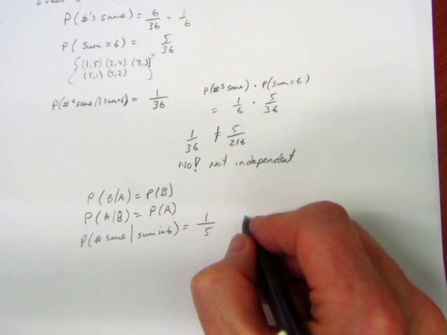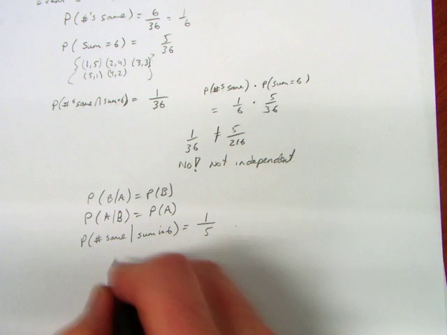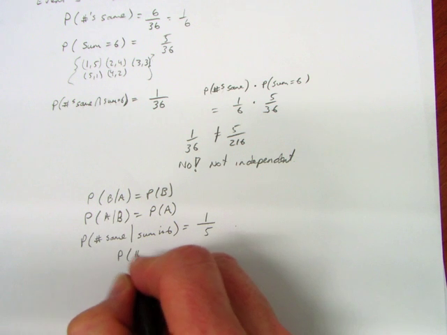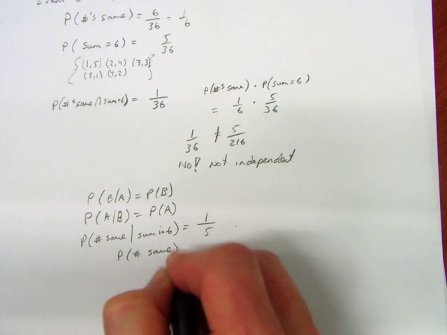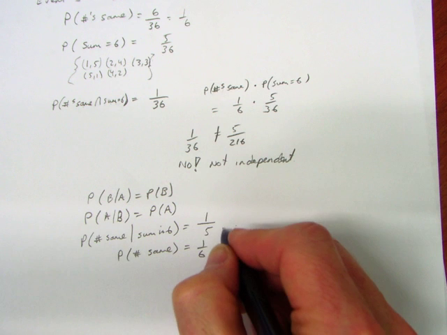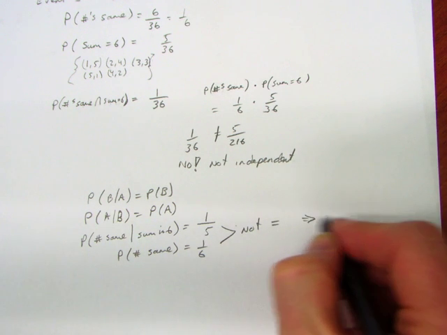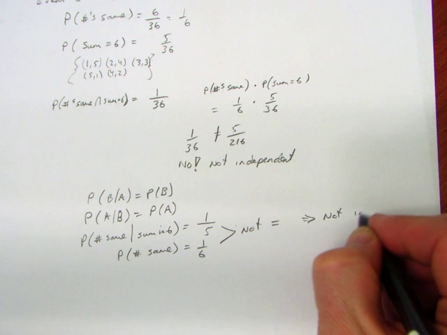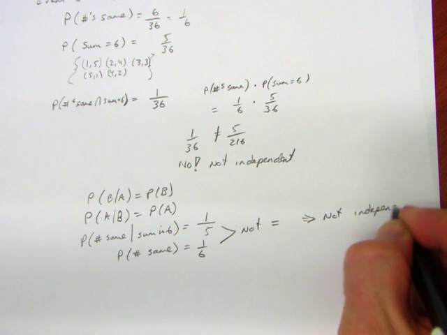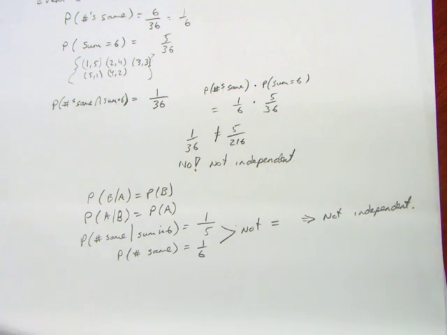And we know that the probability of the numbers the same, we already worked that out, is 1/6. Since these are not equal, that tells us the events are not independent. And that's it.